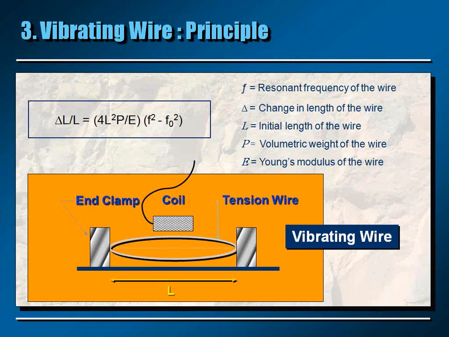So L, the distance between the two end clamps, will be different depending on the type of sensor that you are using. This is the typical relationship between the frequency and the distance between the two clamps.